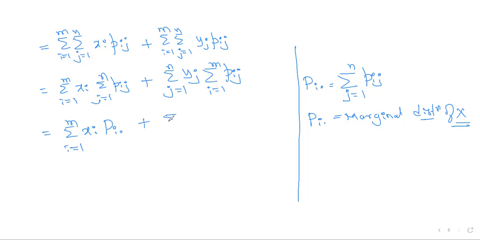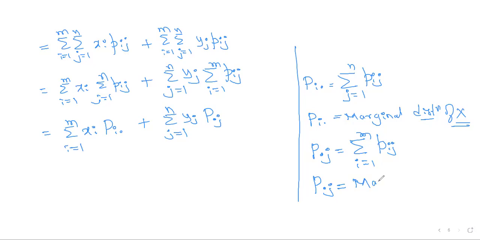Plus the summation j running from 1 to n of yj times capital P dot j. So capital P dot j is nothing but the summation i running from 1 to m of pij. So capital P dot j is nothing but the marginal distribution of y.